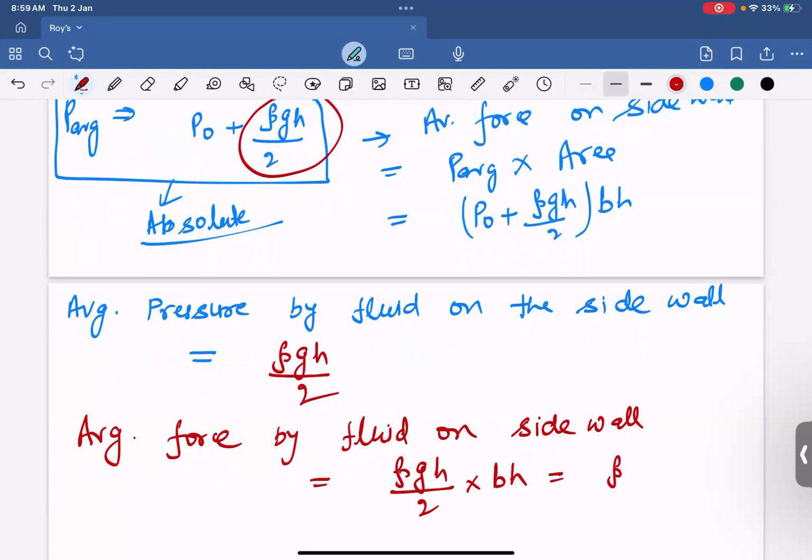So its formula is rho g b into h square divided by 2. These two lines also you write, Neil. Okay, sir. Done, sir.